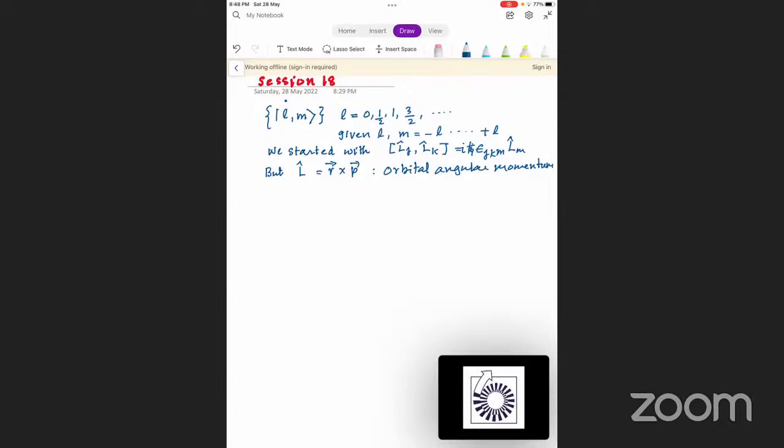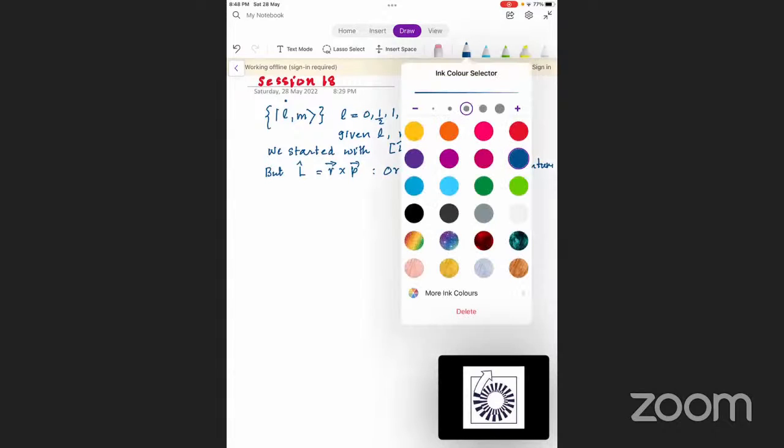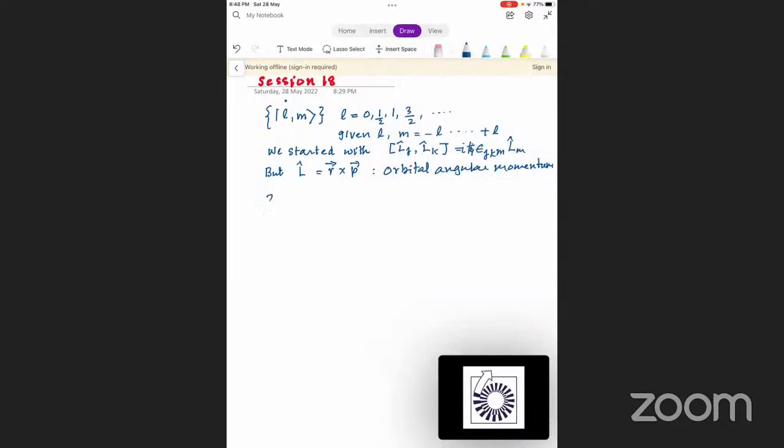So we could have done this problem by using the fact that x operating on any function is simply x multiplied by the function, and px operating on any function is h bar by i into df by dx.